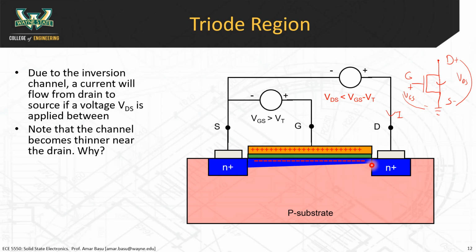What I mean by thinner, I've drawn it as physically being thinner, but what I'm trying to convey here is that the channel is actually less conductive on this side than it is on this side. So this is a tricky question. But bonus points to anyone who can figure it out.